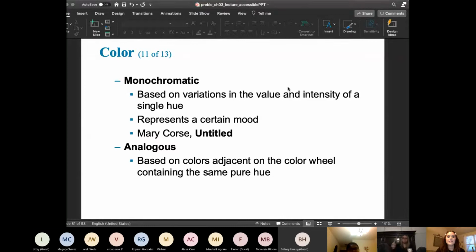Monochromatic is when a painting is done in a single hue with different values and tints of that hue. So I believe when we were looking at the Whistler painting of the fireworks, that was an entirely blue painting. That was monochromatic.